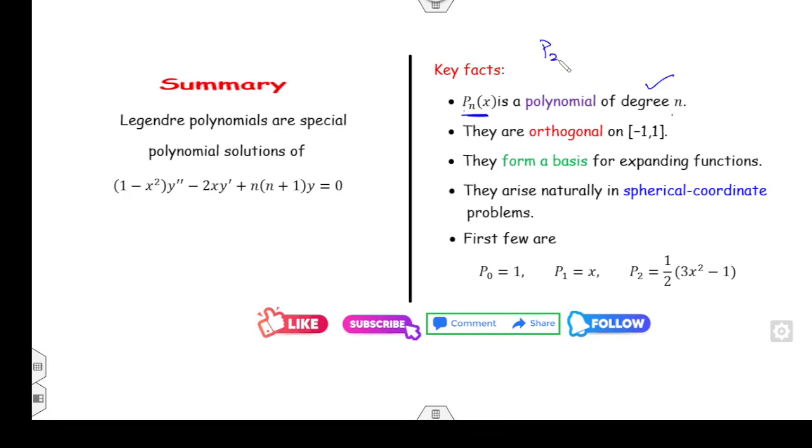If I consider P2, then it must be of degree 2, and they are orthogonal, they form a basis. It forms the natural basis for spherical coordinate problems, and a few of them I have listed here, and you can easily derive them from Rodrigues' formula.